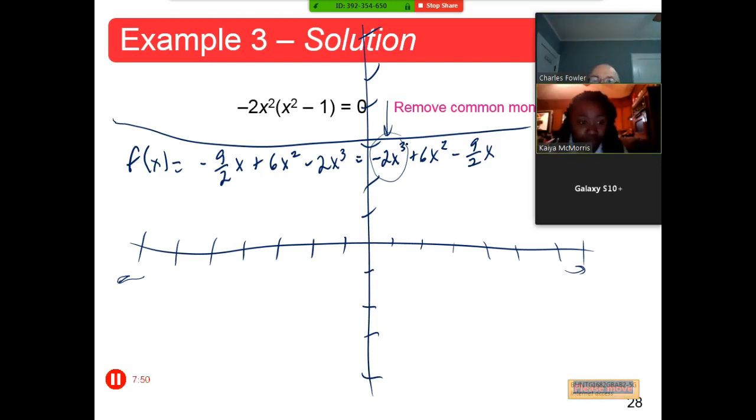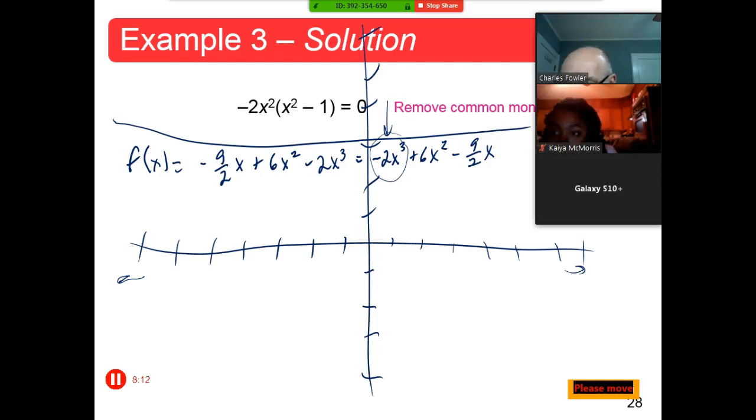The odd exponents means going one way it's going up, the other way it's going down, or going one way it's going down, the other way it's going up. If that exponent is odd, they're going in opposite directions. If it was even, they're going up and up or down and down, in the end behavior.